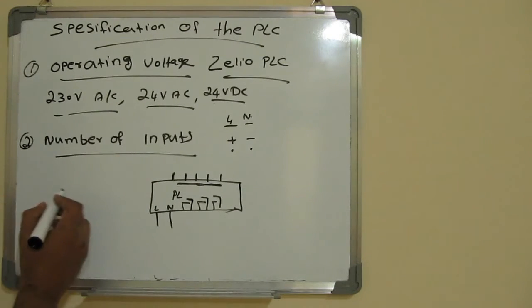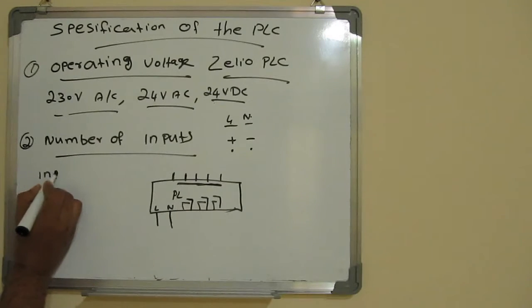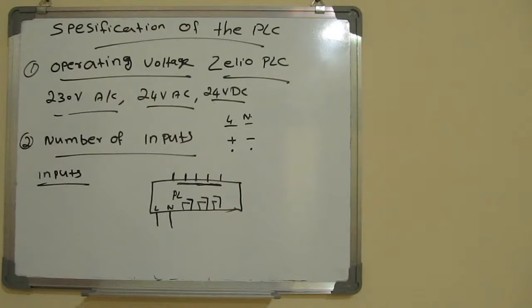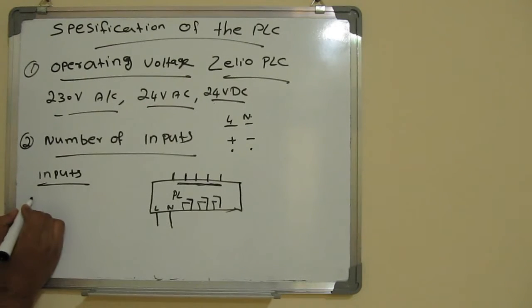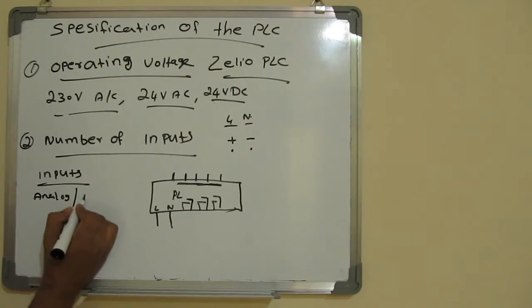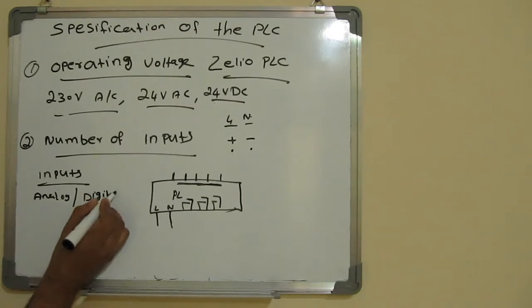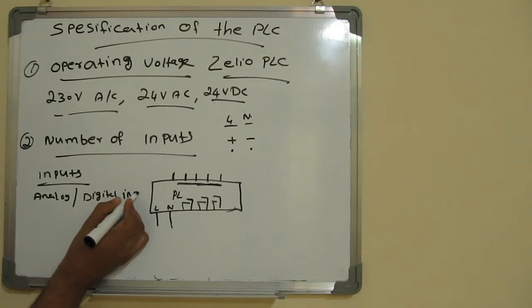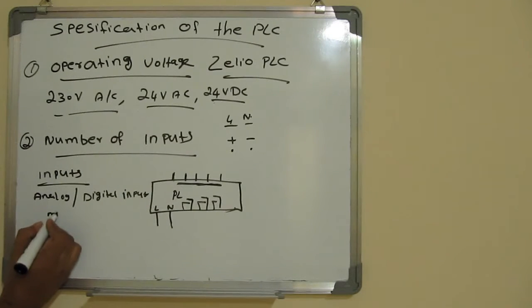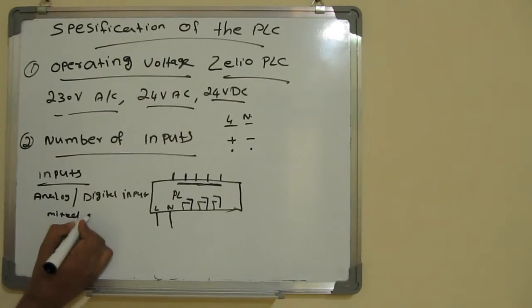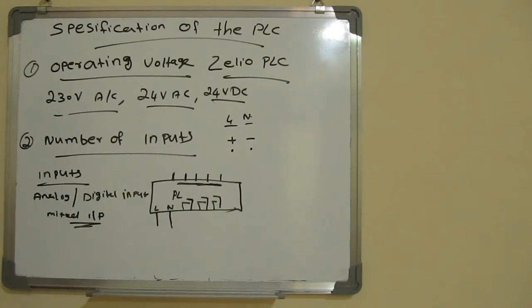Besides the number, there are also different types of input: analog input, digital input, and mixed input. We will explain all these in detail later.